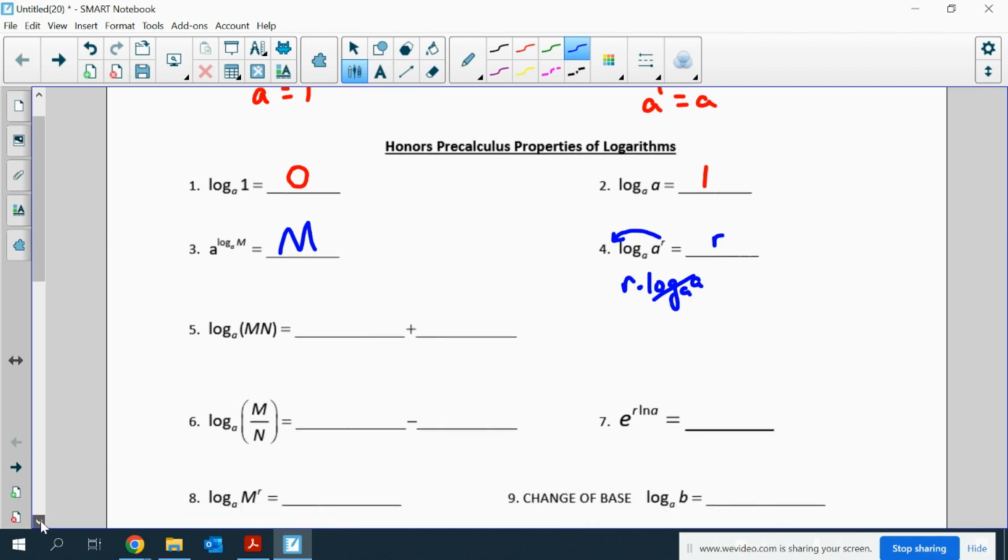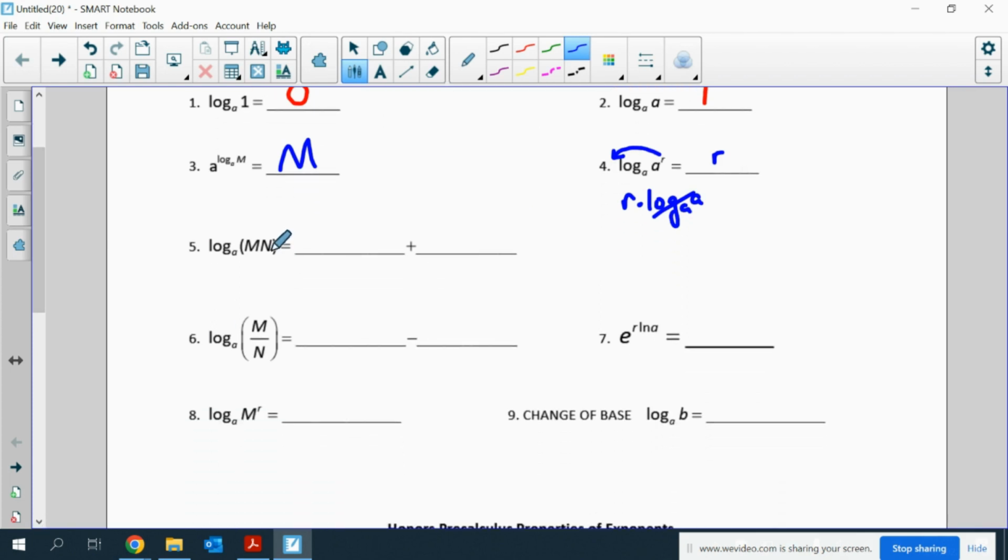Then we have properties where we have products on the inside. So log base a of m times n, we can expand that to log base a of m plus log base a of n. Likewise, if it's division, we can expand it and turn it into a subtraction problem.